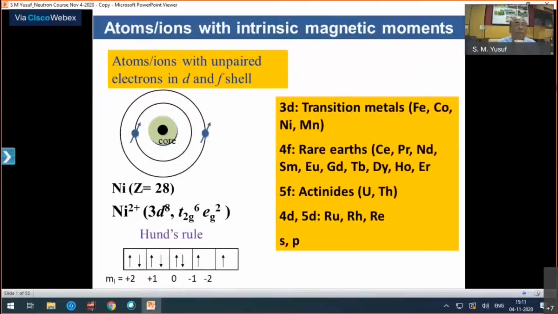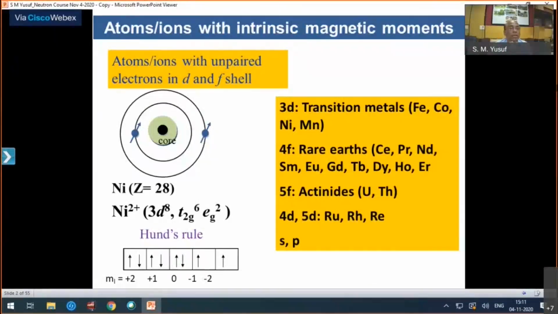With this introduction, let me start from elementary stuff: when you talk about magnetic materials, what do you understand by that? How do we get magnetism? As you know, when you consider an atom, you have the nucleus sitting at the center, and you have the electrons in their orbits.